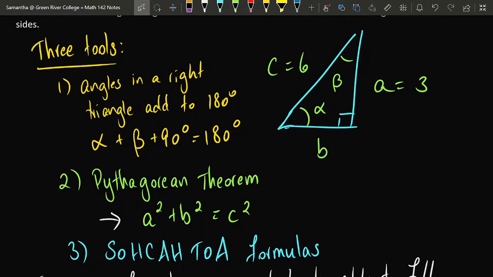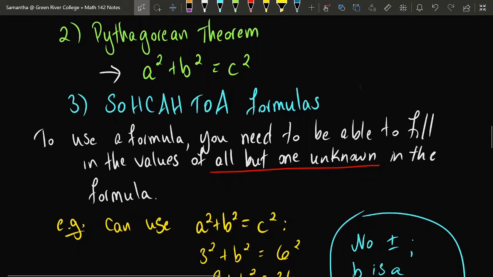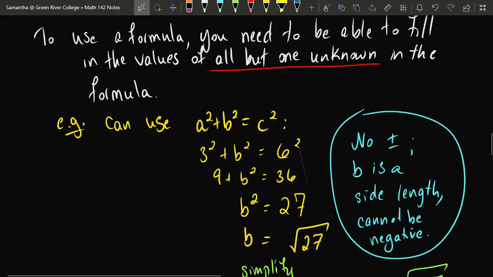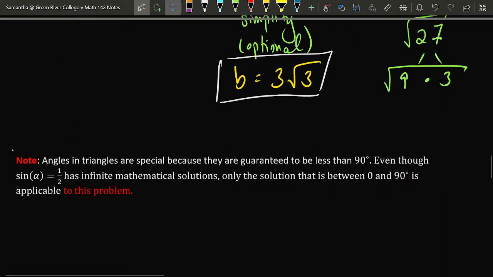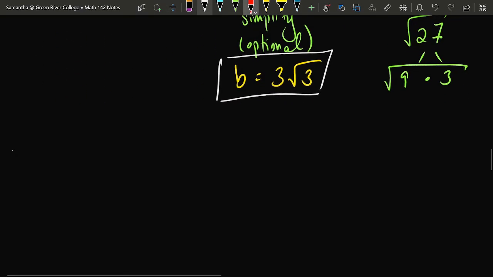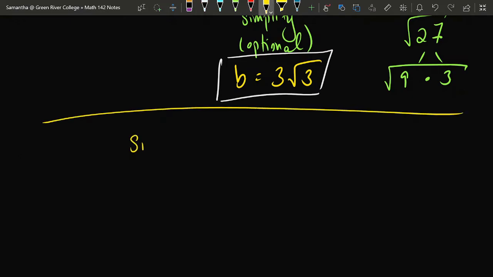So option number 1 is out. I'm going to turn my attention to SOHCAHTOA instead. For example, the SOH formula says that if I take sine of the angle alpha, then that's equal to the opposite side of the angle alpha divided by the hypotenuse of the right triangle.